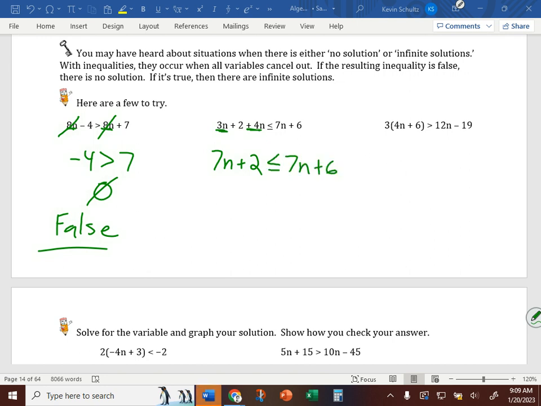But we notice we have the same number of n's on both sides now. Both sides have 7. They're going to cancel out. And we're left with 2 is less than or equal to 6. True or false? True. Therefore, no solution or all? All solutions. That double-stemmed R means all real numbers.